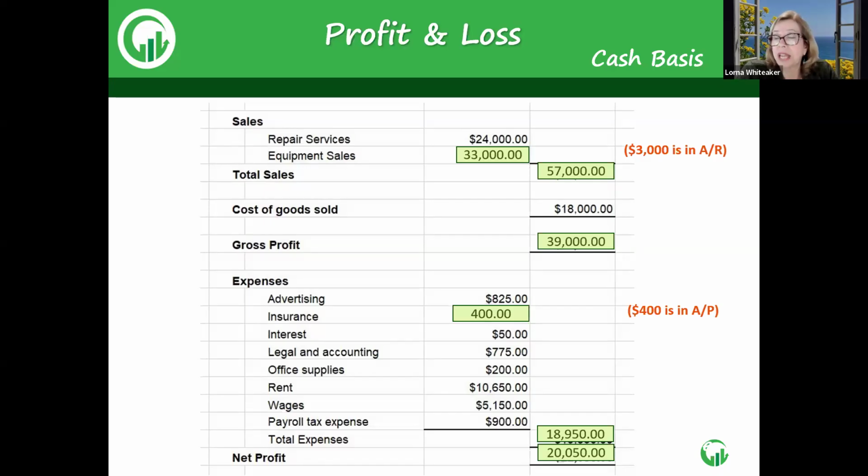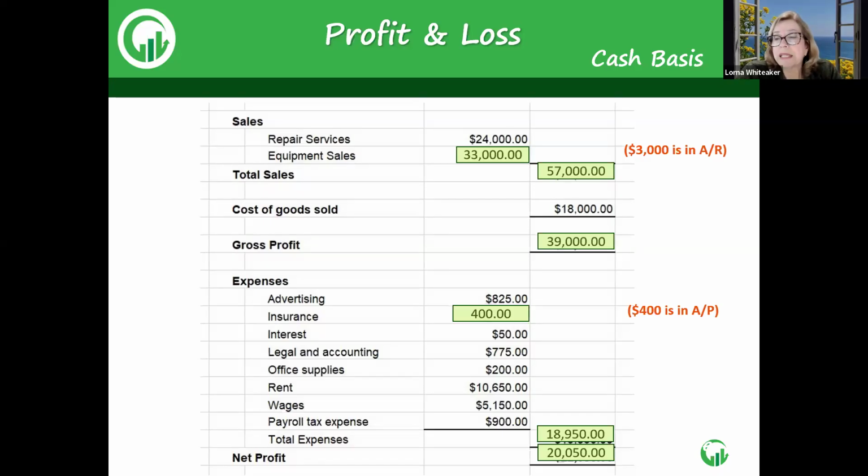So the total cash sales as of this report is $57,000. The cost of goods, I get to subtract right now, even if I haven't been paid for the sale. I still can record the cost of goods sold. And now I have a gross profit. This is all the money that I have right now, cash in hand, that I can use to pay for expenses.